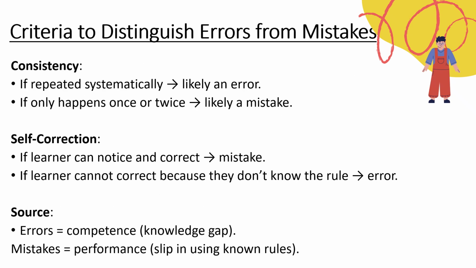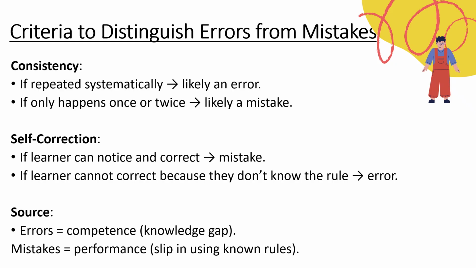Next, what are the criteria to distinguish errors from mistakes? In terms of consistency, if the person repeatedly makes the same mistake systematically, it is likely an error. But if it happens only once or twice, it is likely a mistake. In the case of self-correction, if the English learner can notice and correct it directly, it is a mistake.